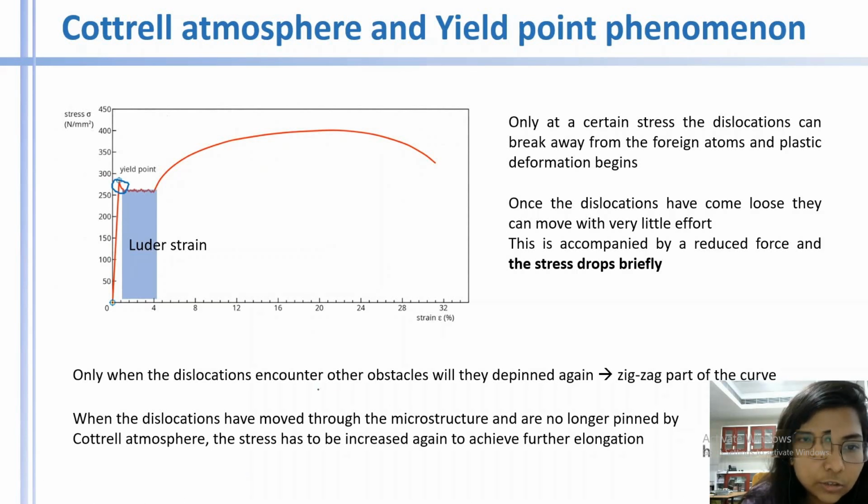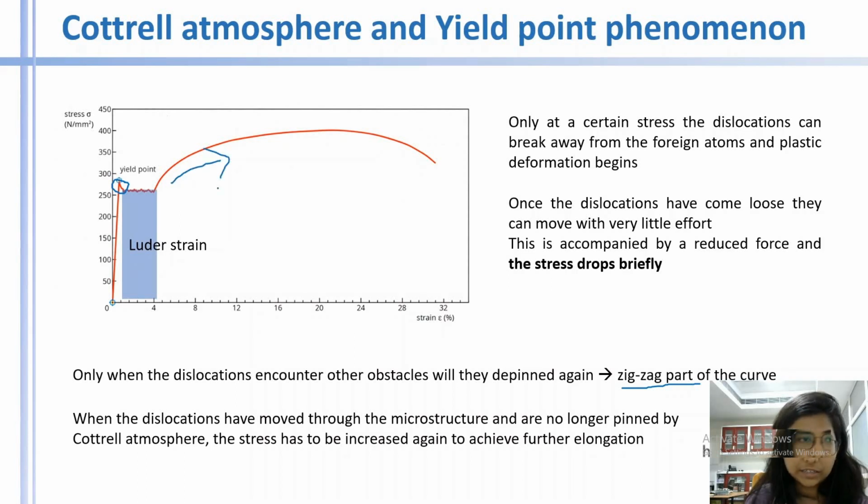Now, when the dislocations encounter other obstacles, they get pinned again. This corresponds to the zigzag part of the curve. And when the dislocations have moved through the microstructure and are no longer pinned by the quadrille atmosphere, the stress has to be increased again to achieve further elongation. So it is this part.